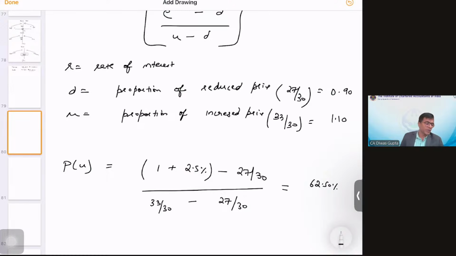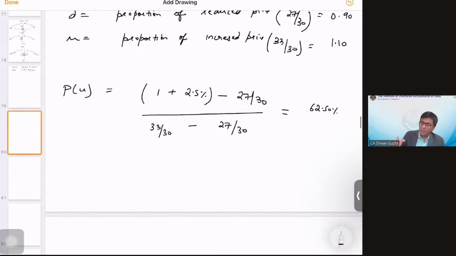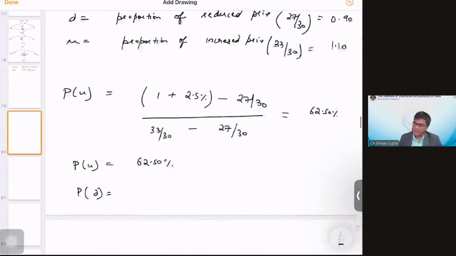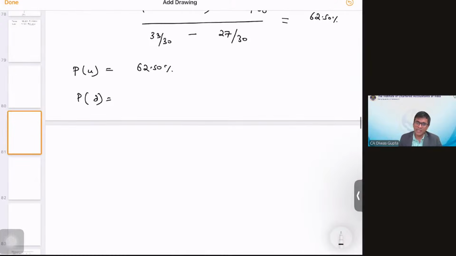Now students, all of you tell me, if the probability that the prices go up is 62.50%, what is the probability that the prices will go down? Come on students. 37.5. Very good.